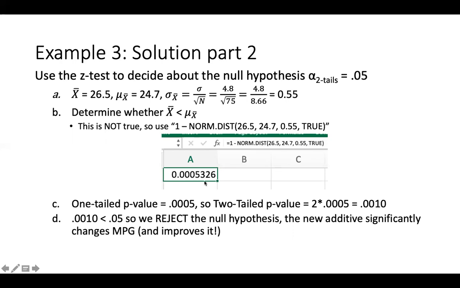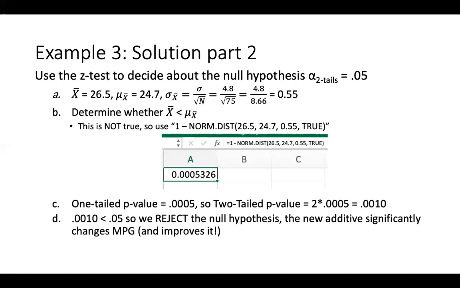And the probability in one tail of measuring 75 cars and having their sample mean be 26.5 or more, right, is 0.0005. So that should happen about 5 times out of 10,000 tests. Right? So that's not very much.